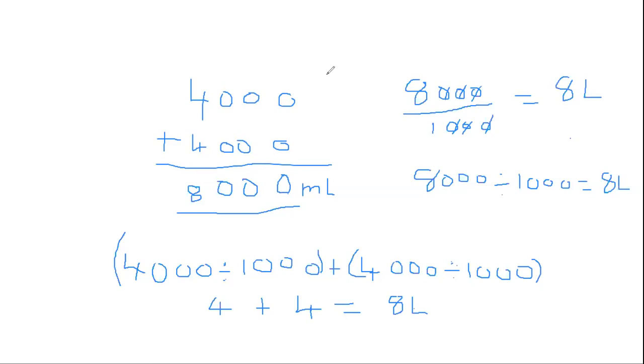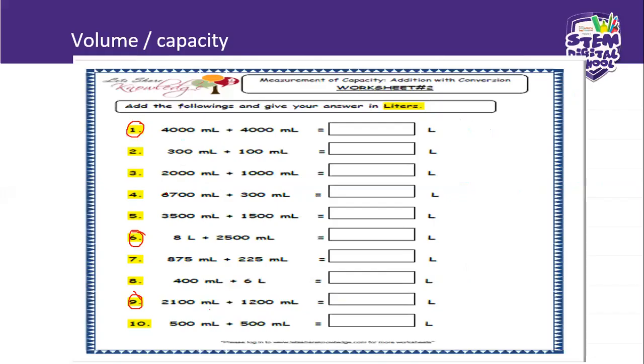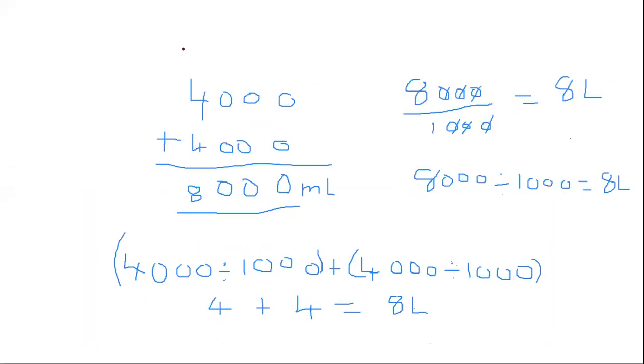The next question was, what is 8 liters plus 2,500 milliliters? So also, there are two ways in which you could have done this question, right?